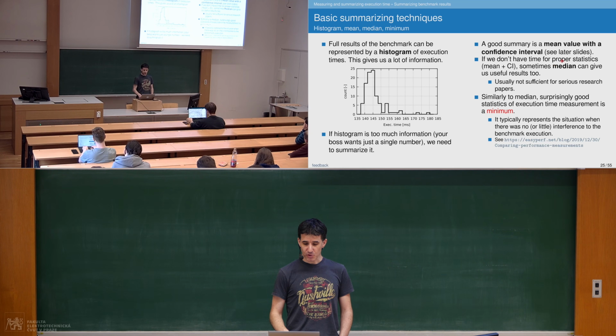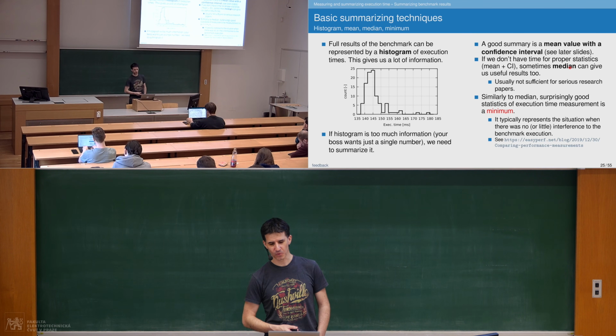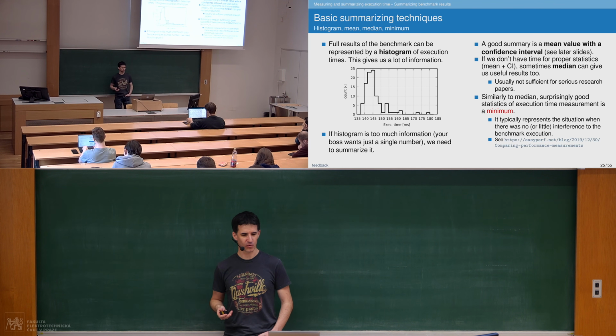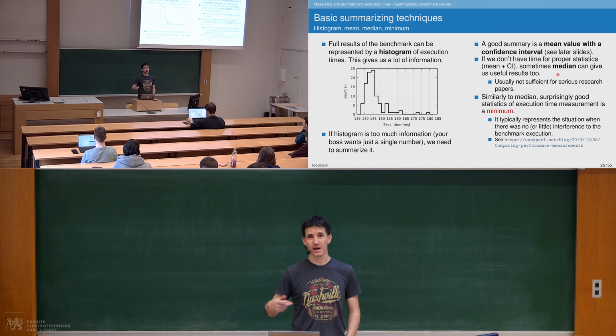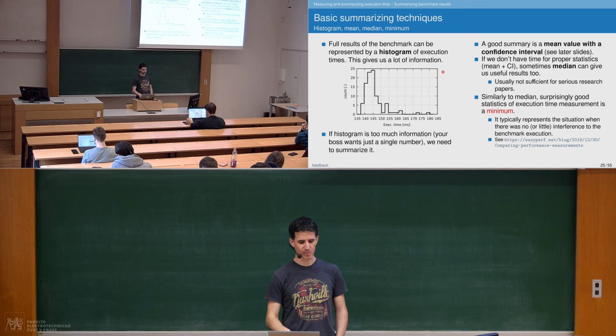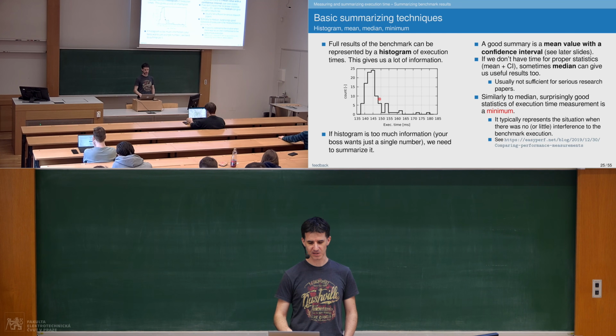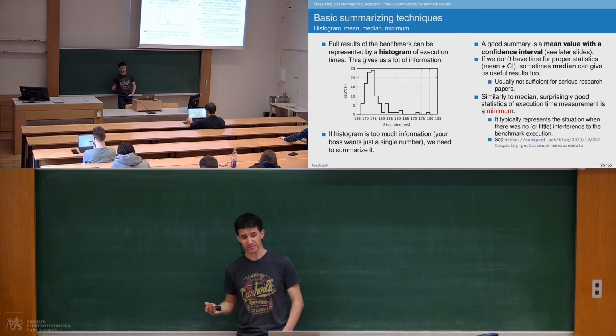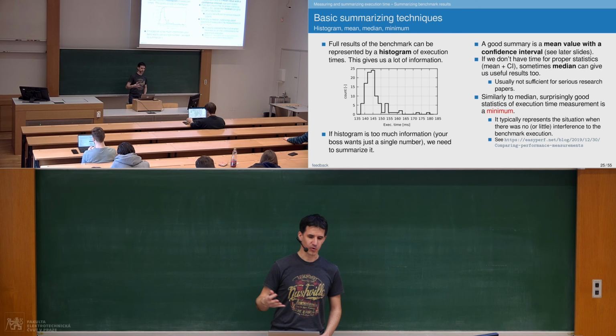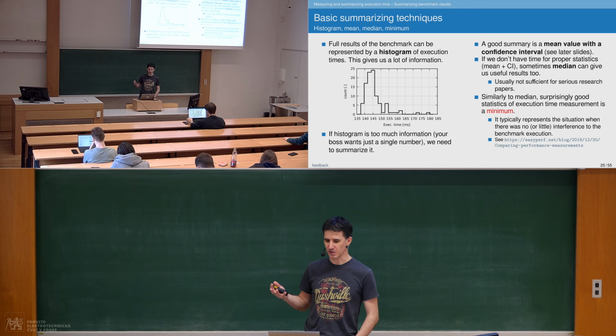The second thing you can do, if you don't want to deal with calculations of confidence intervals, is simply calculate the median. Median is a pretty good statistic, and here the median would be, I don't know, here or here, something like that. So it would probably be pretty representative. But for research papers, it would not be enough.